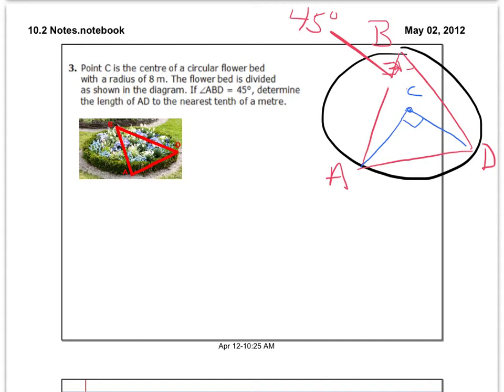So distance from C to A is a radius. You know that that is 8 meters. C to D will also be a radius, so it's also 8.